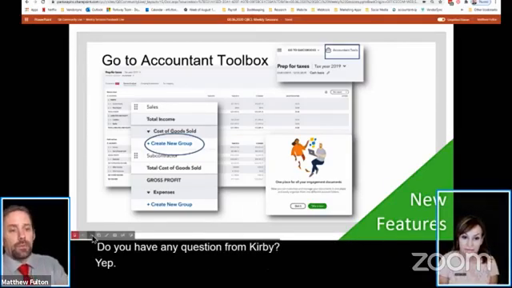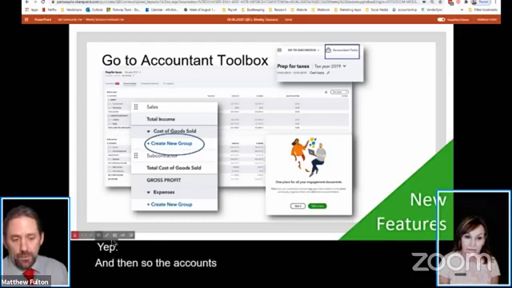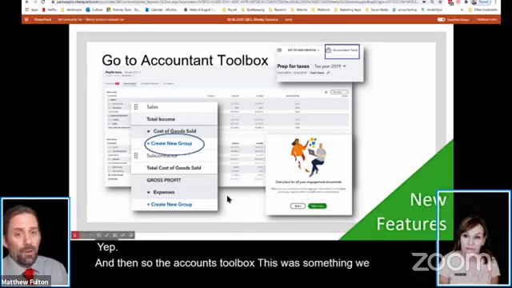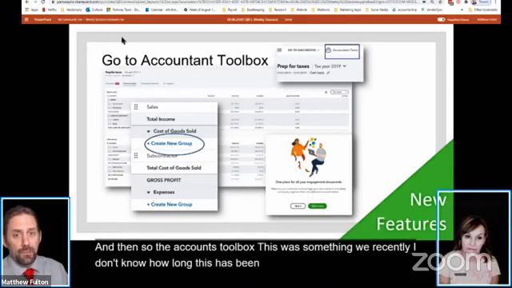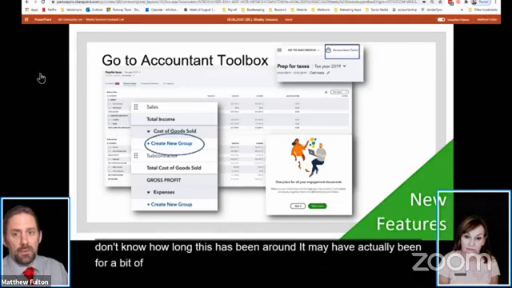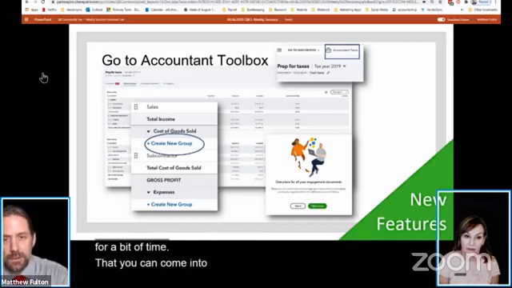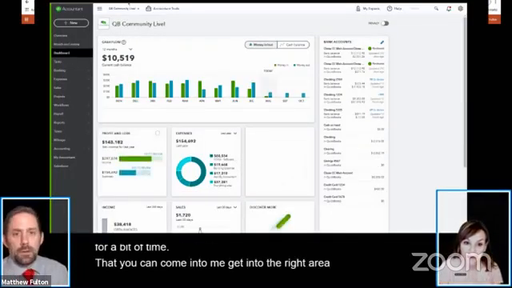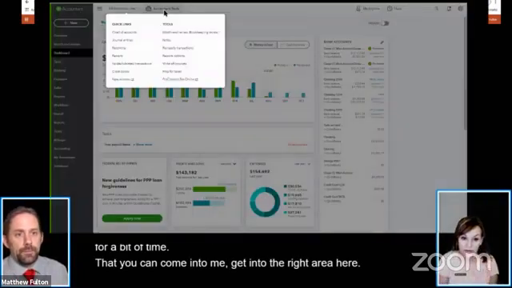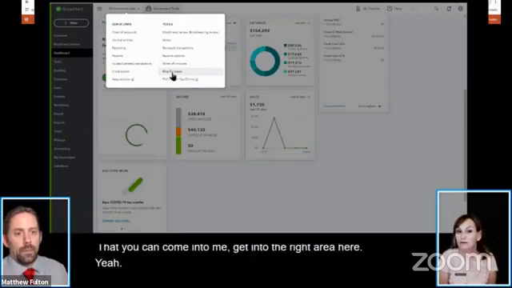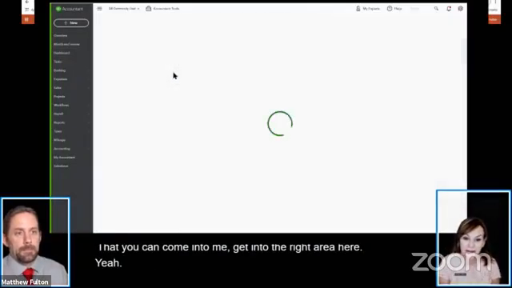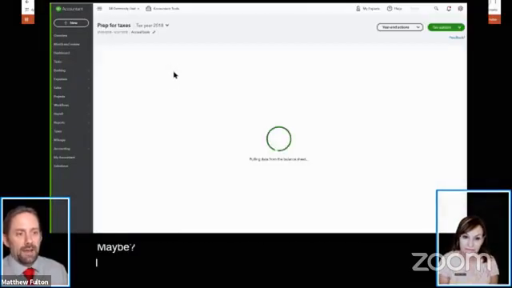And then the accountant's toolbox. I don't know how long this has been around. It may have actually been there for a bit of time. Accountant's toolbox has been around, but I did not notice this feature until you showed me last night. I maybe just blew by it because I thought it doesn't apply to me. So, prep for tax.